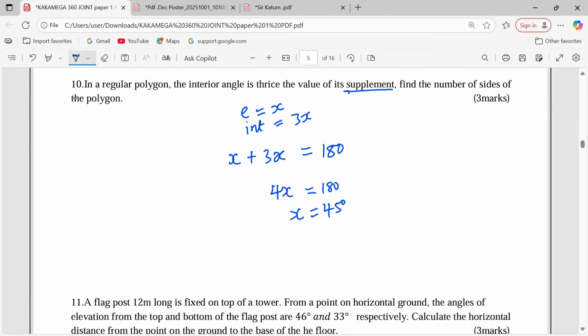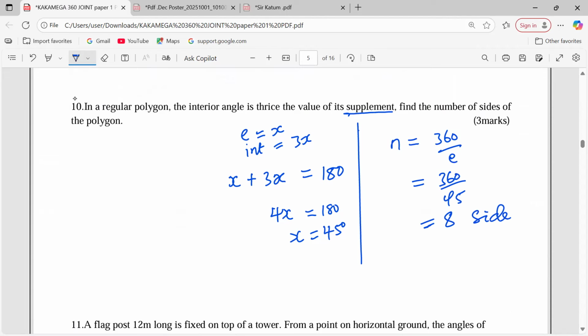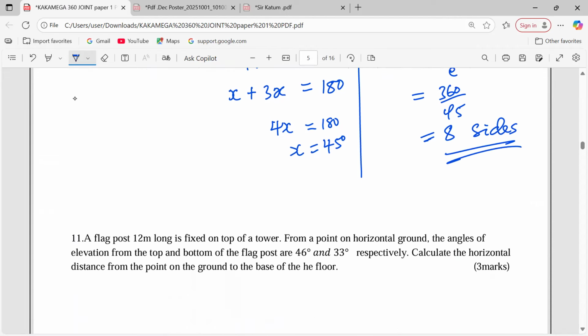So the exterior angle is 45. If the exterior angle is 45, ladies and gentlemen, you're supposed now to say that the number of sides is given by 360 over the size of an exterior. 360 over 45, giving us 8 sides. Yeah, an octagon like that.